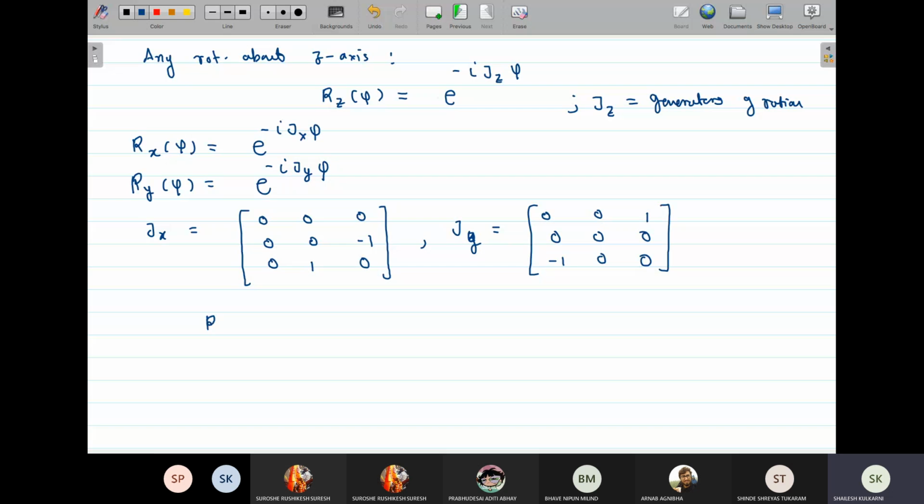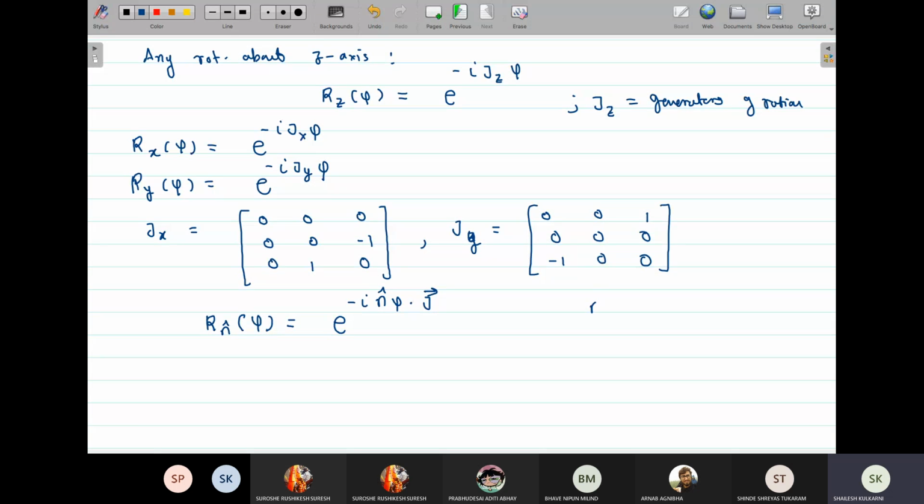So a general rotation about any axis by an angle phi can be written as e to the power minus i n phi dot J, where n is the unit vector. Here n dot J means n1 J1 plus n2 J2 plus n3 J3, where J1 is Jx, J2 is Jy, and J3 is Jz.